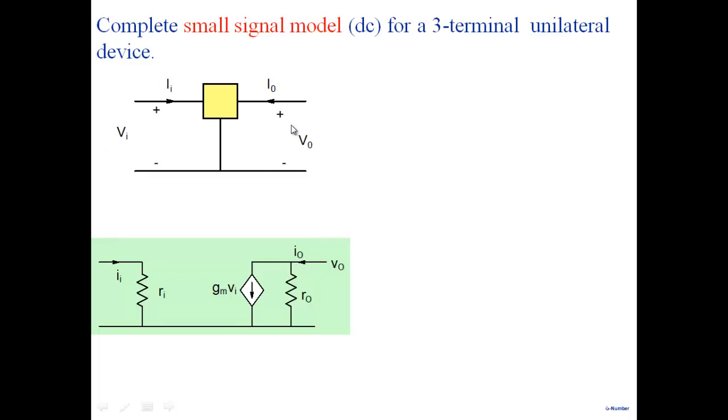So if we have a characteristic like this, any 3-terminal device, I can write a small signal model in this form. From the input side, it's like a low frequency again. It's like an input resistance Ri here. And from the output side, it is made up of these two elements here. Now note that these are actually very simple. All that we are saying is the output current depends on V0 and output current depends on Vi.